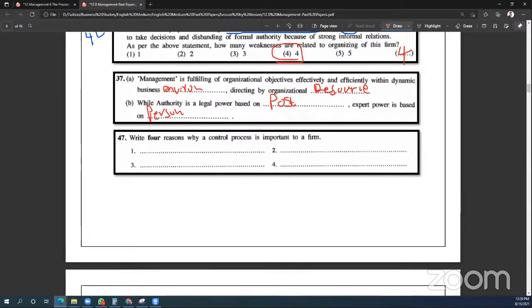Question number 47, right? You got the right 4 reasons why a control process is important to the firm.